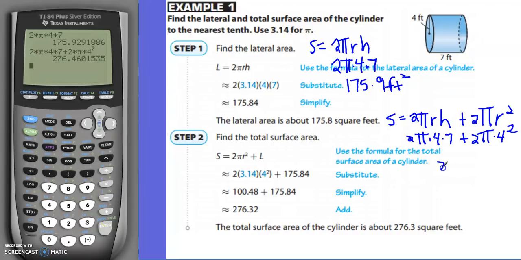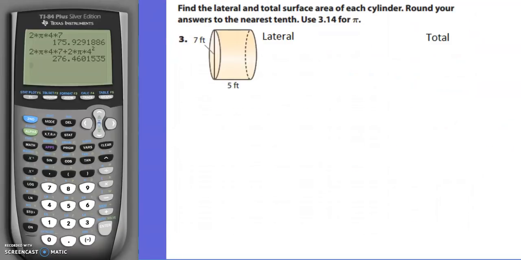Okay, and we have 276.5 feet squared. Okay, notice mine's off slightly because I used pi instead of 3.14. So it's just an approximation. All right, let's go to the next one.